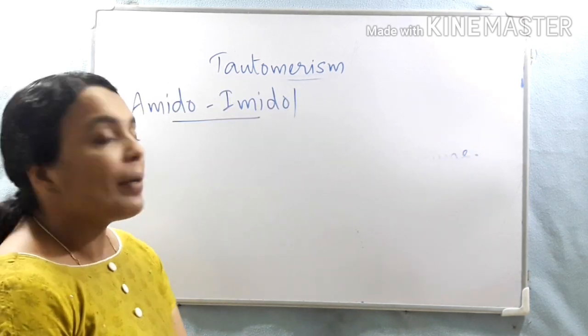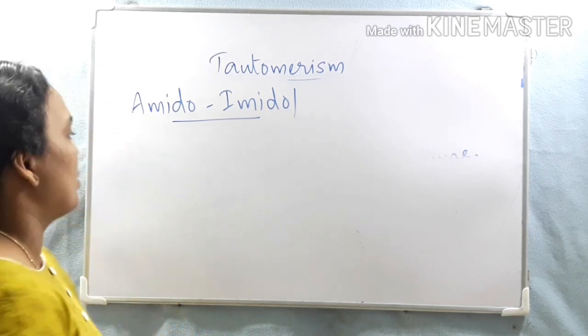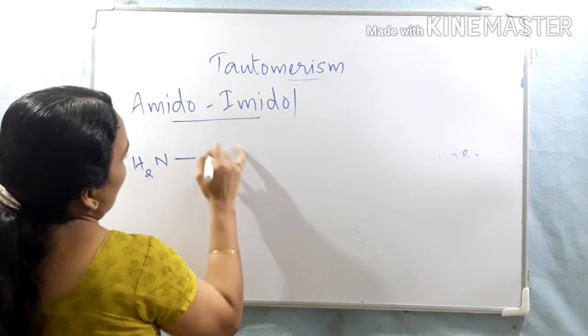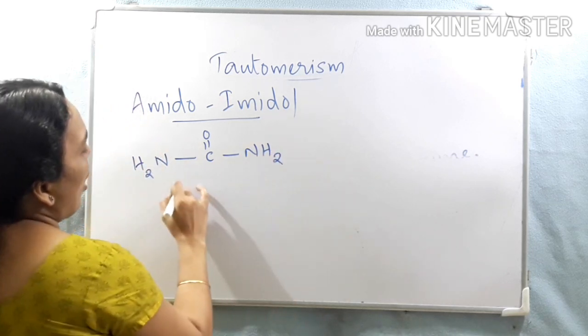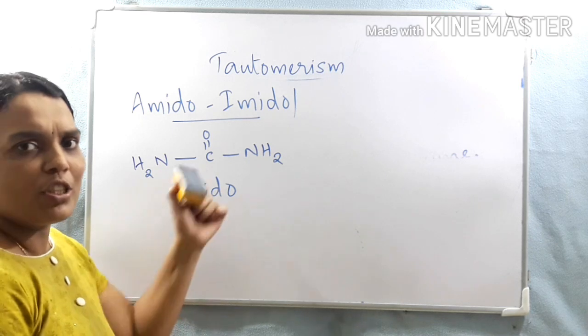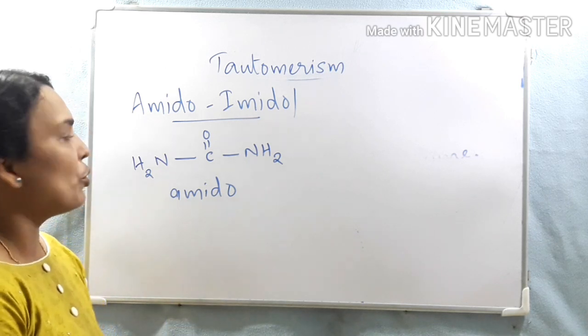Next is amido-imidol tautomerism. This is called the amido group. We know this compound. Who is this? Yes, it is our urea.